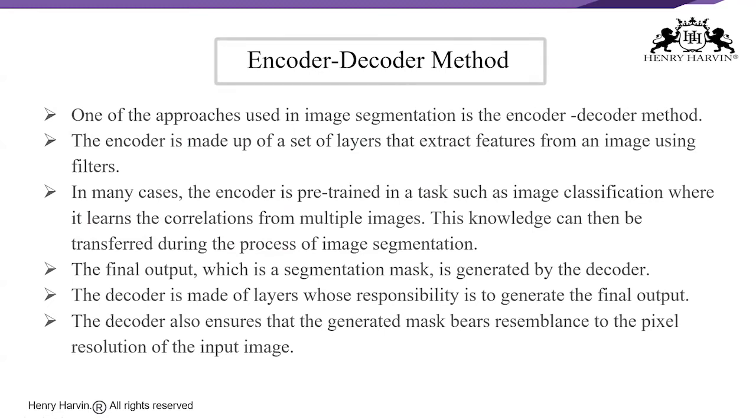The final output, which is a segmentation mask, is generated by the decoder. The decoder is made of layers that try to generate the final output, and it also ensures that the generated mask bears resemblance to the pixel resolution of the input image.